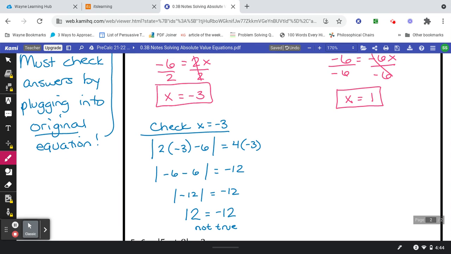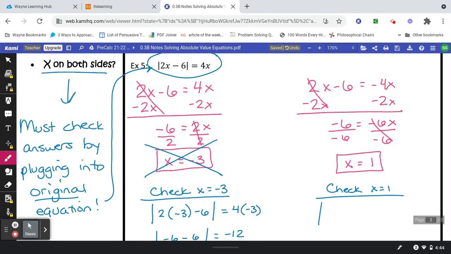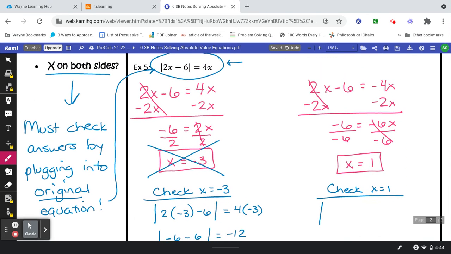And then I'm going to come up here and X out this answer. That is what we call an extraneous solution. It does not work. We still need to check the other one though. So again, back to the original equation. Right here is where I'm checking.